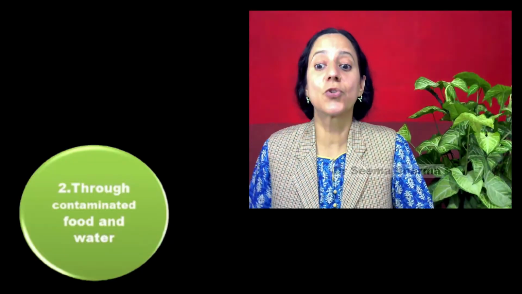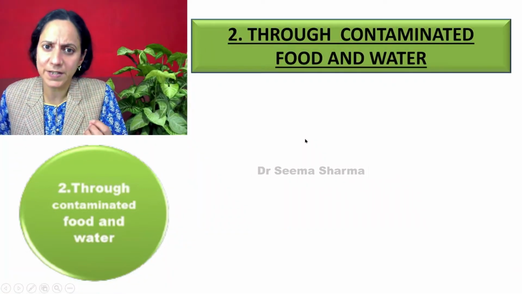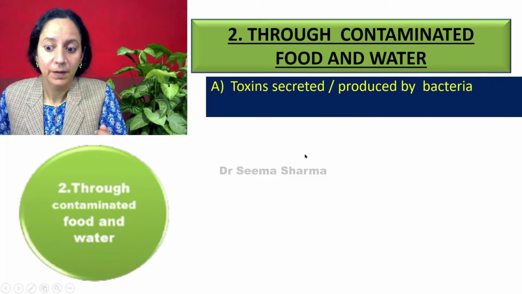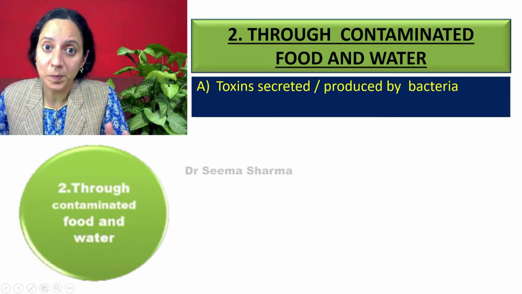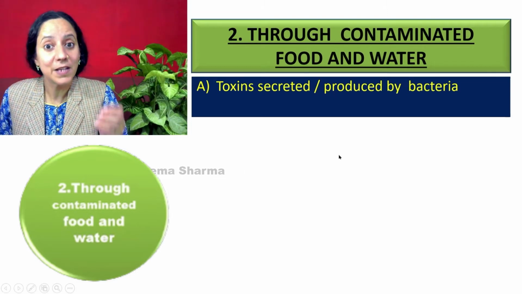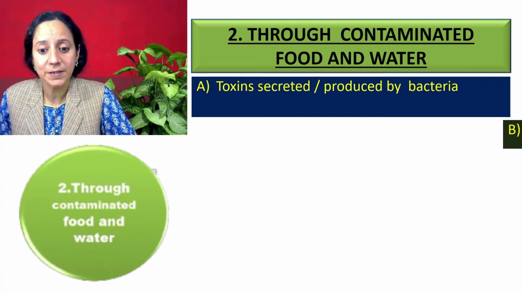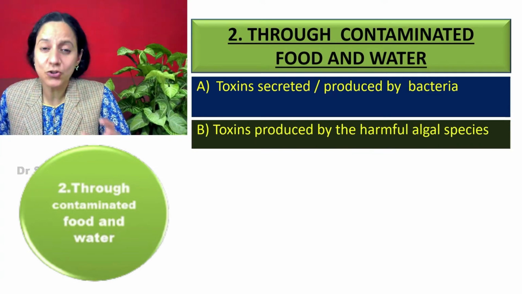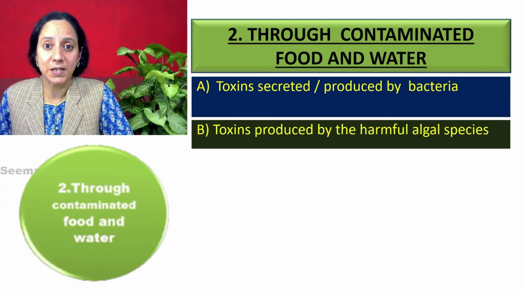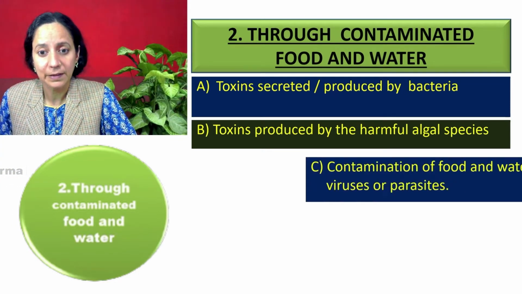The second route is through contaminated food and water. How are our food and water getting contaminated? Bacteria are known for the production of certain poisonous substances called toxins. They secrete them into water or food in which they are present. Certain algae also produce toxic materials, and if we drink that water, we will fall sick.